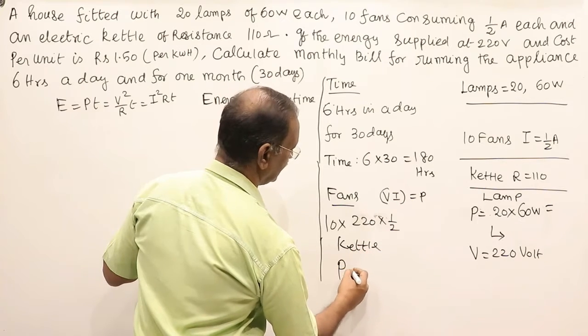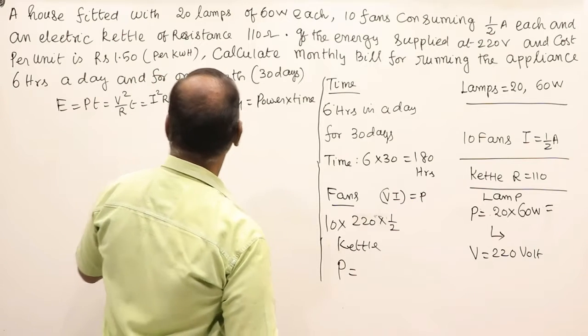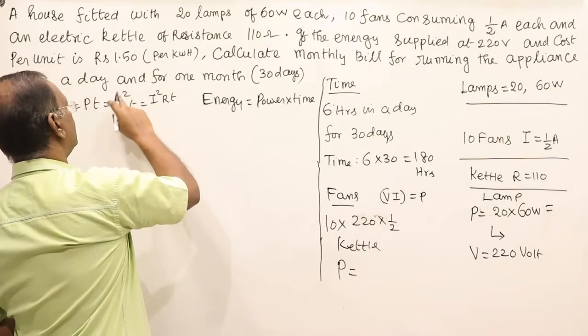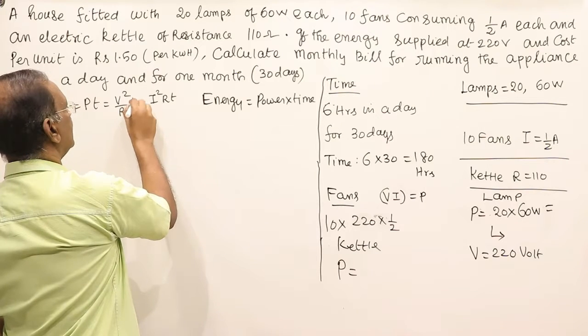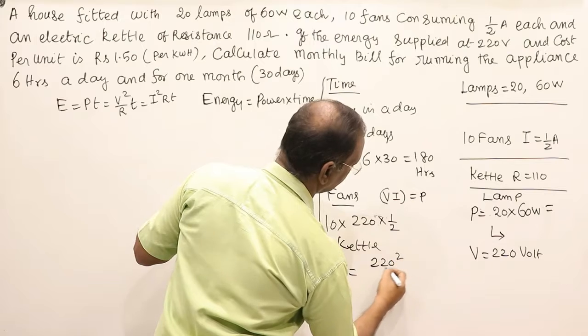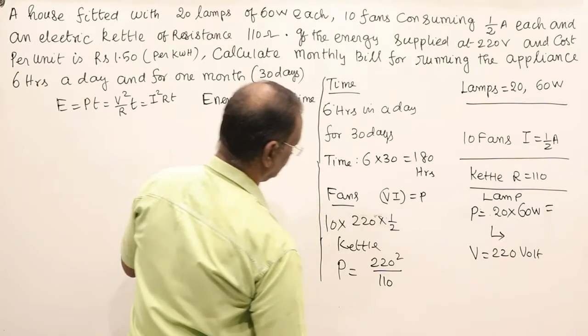The power in the kettle, I can use the formula V square by R. Power is equal to V square by R, and this with T gives the energy. V is given as 220, squared, divided by its resistance, 110.